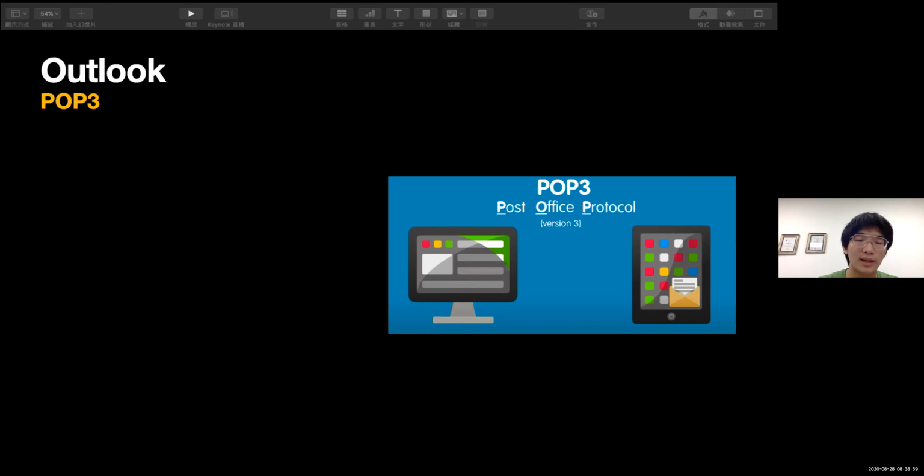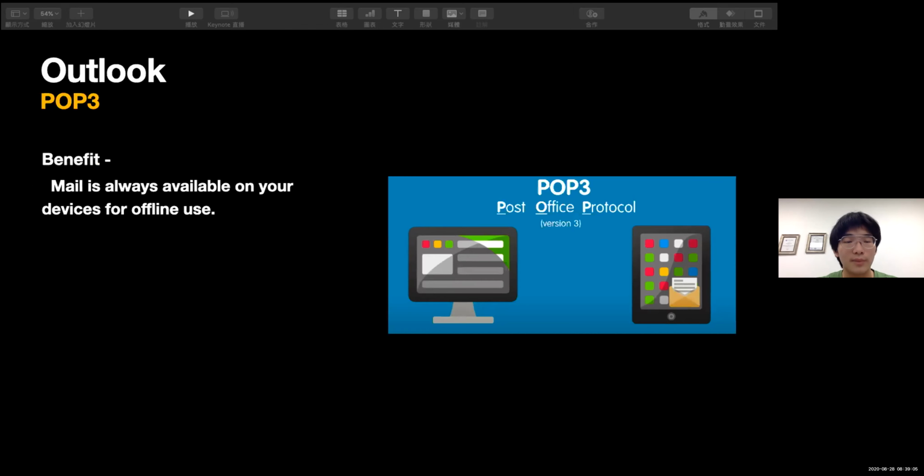POP works by contacting your email server and downloading all of your new messages. Once they are downloaded onto your PC or Mac, they are deleted from the email server. This means that after the email is downloaded, it can only be accessed using the same computer.